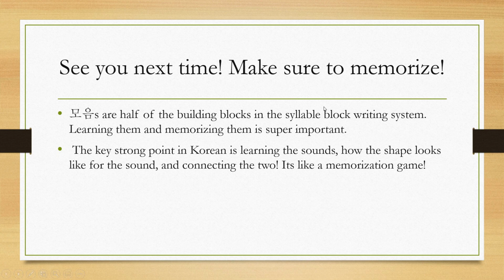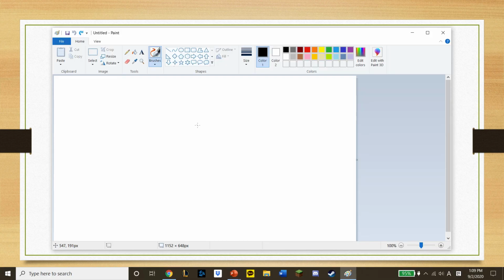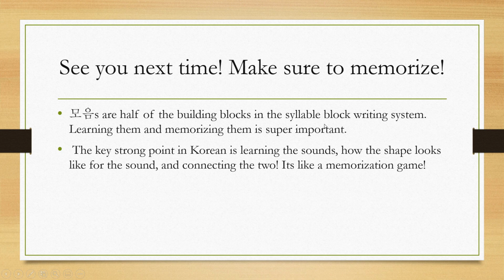For example, if I said to you, I'll write this, that's the first one, right? And then if I went further, ya, I'll write this. So this mix and match game of learning which shape is which sound, memorizing the sounds and the shapes, and learning how to write them.